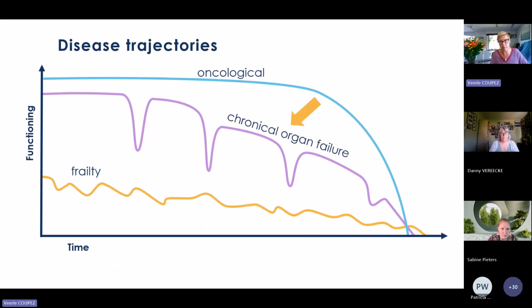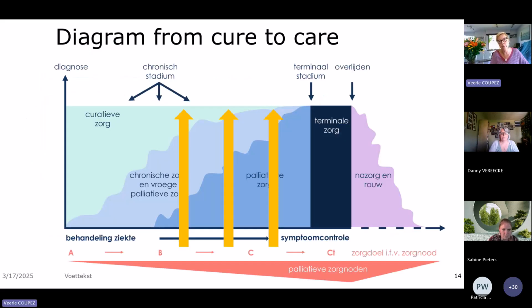We already established that Kerem is in the trajectory of chronic organ failure. Where would you put him in the cure care diagram if he goes to the hospital for the fifth time after an exacerbation?